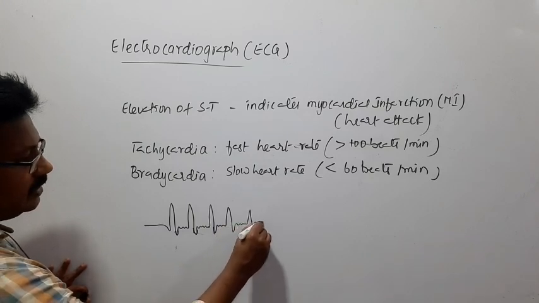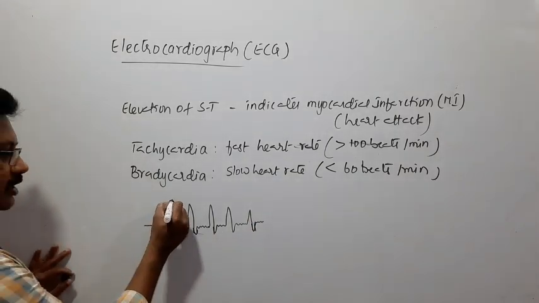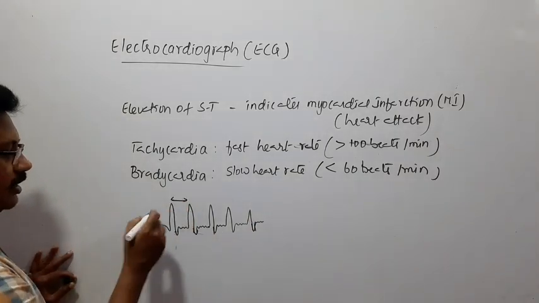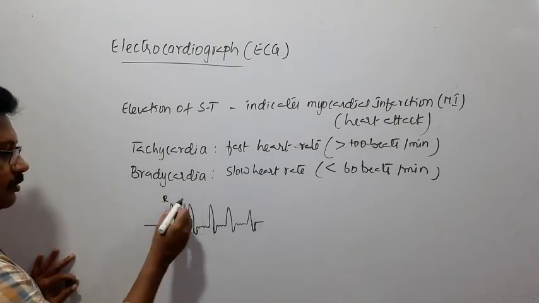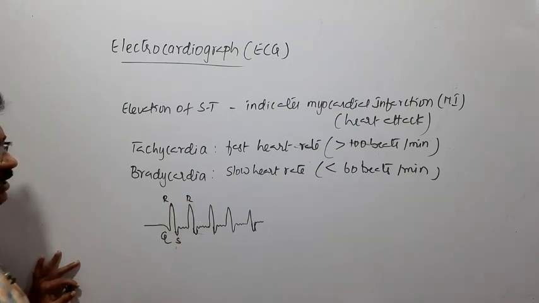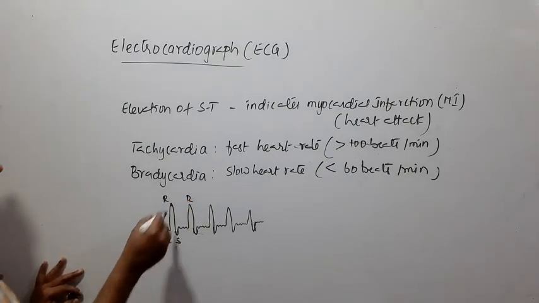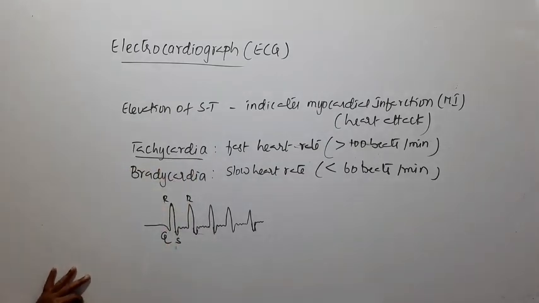You can see here the distance between these, here we have the QRS complex. From this R to this R, the distance is very small. So this indicates the person is having tachycardia.